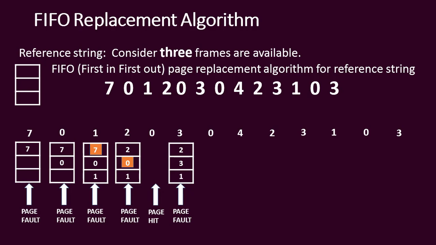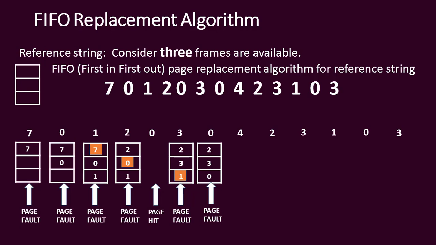Now again consider the next page, that is 0. Here again we look to the left. What we find is that 1 is the oldest page, so 1 will be replaced with 0. The next desired page is 4.